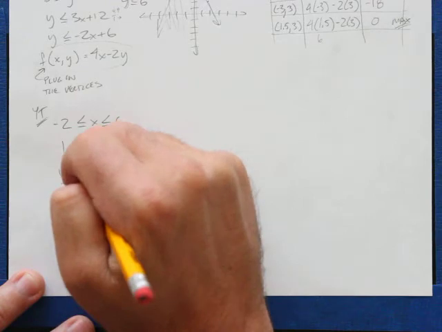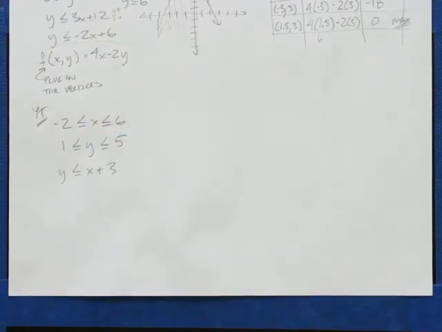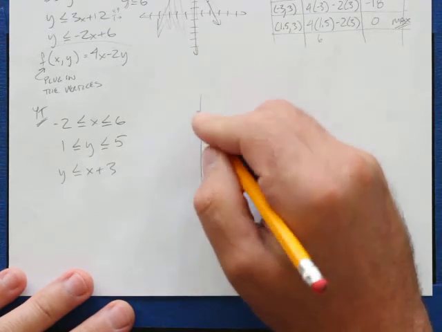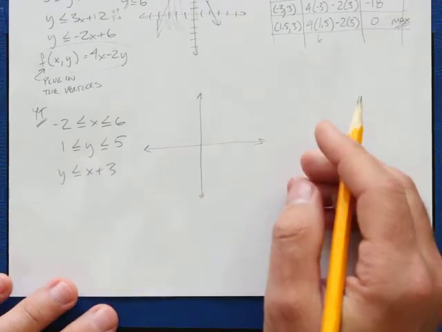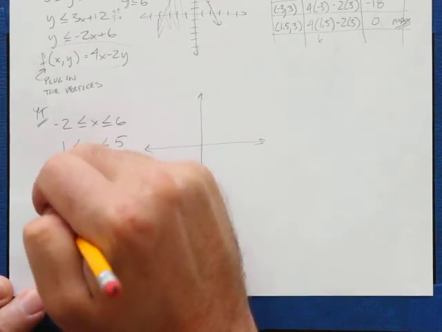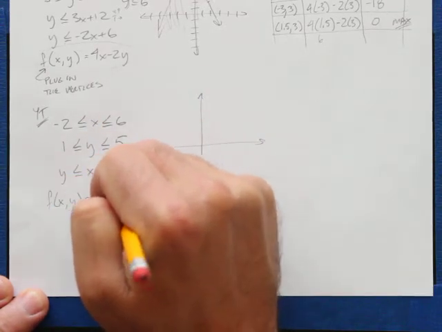Y is less than or equal to x plus 3. It might be helpful to graph this, but if I'm going to give you the vertices, we can't really do it as a U-try. It might take a little while. And then f of x, y equals negative 5x plus 2y.